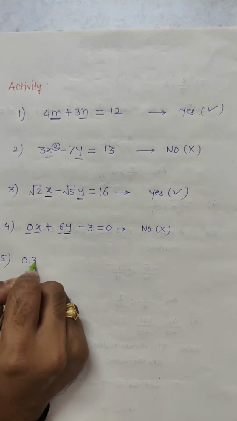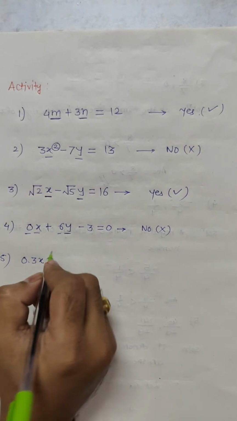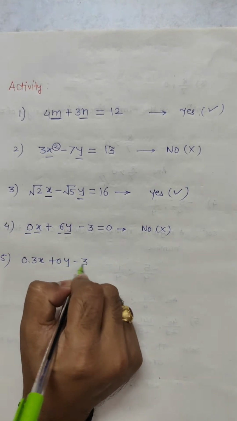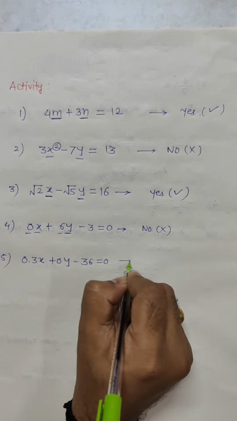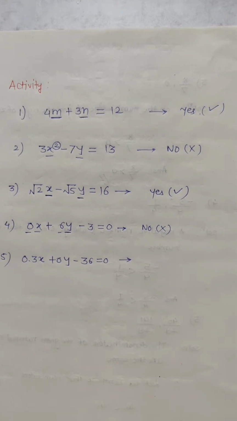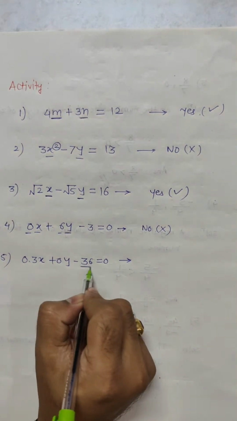Example number 5. 0.3x plus 0y minus 36 is equal to 0. Is this a linear equation in two variables? No, this is not a linear equation in two variables. Why? Because the coefficients a, b, c must compulsorily be real numbers, and this is a mandatory condition in a linear equation in two variables. And c is the constant term.